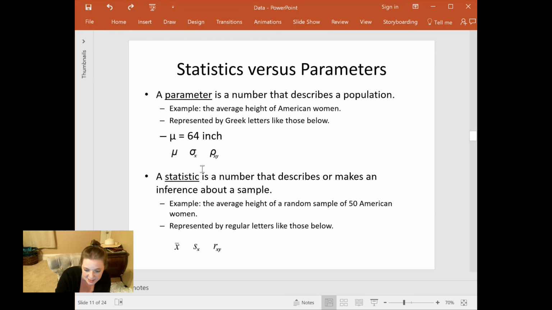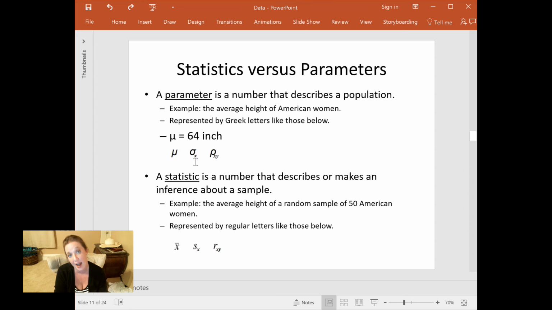And you also notice these little baby letters down here. These are called subscripts, and they're for your information. What we essentially do in statistics is we label our variables with letters. So let's say I'm exploring height.